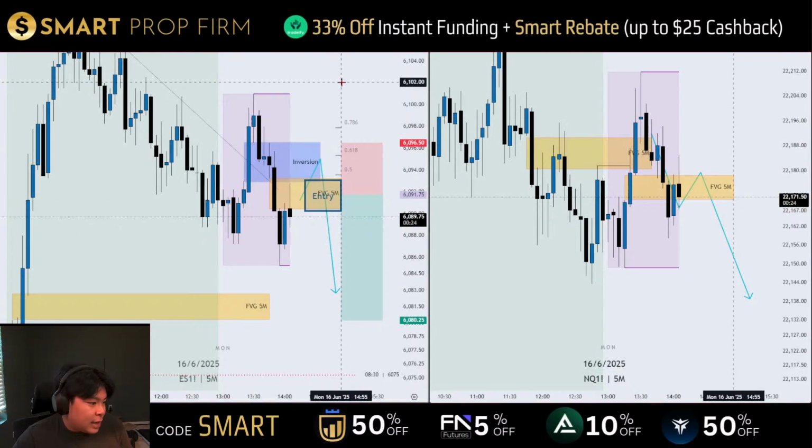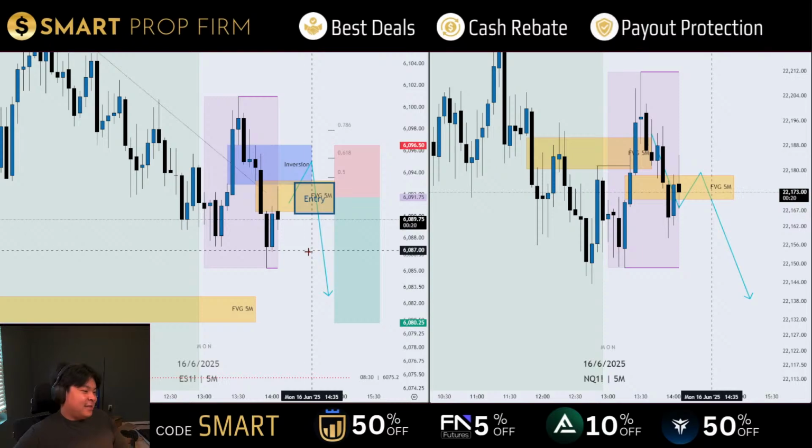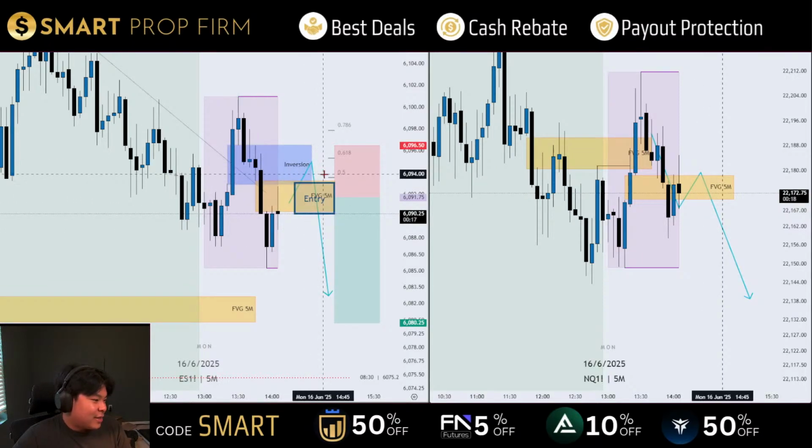I'm gonna play for this. I'm gonna make sure this becomes a hit. As long as we don't get a close above like 93s, that's the first area of caution. Above like 95s, 96, that's when this does not look good anymore.